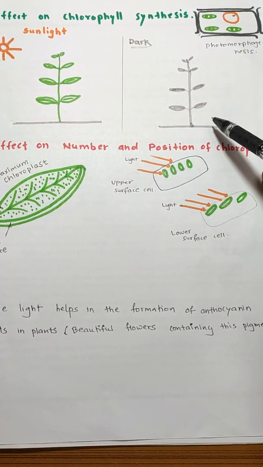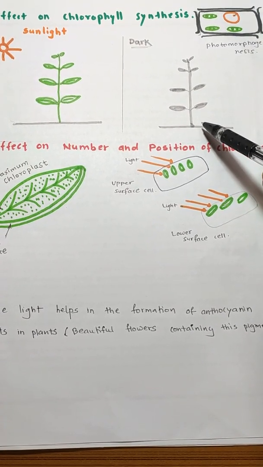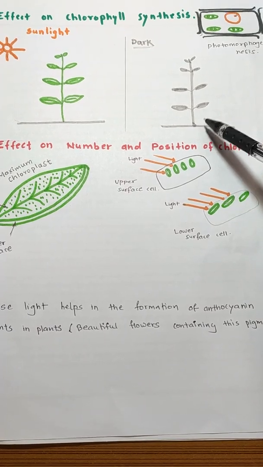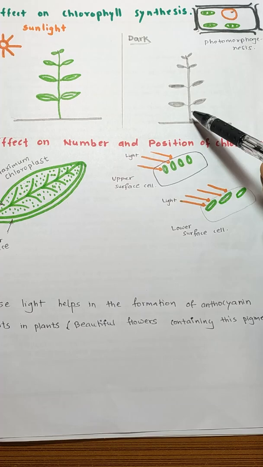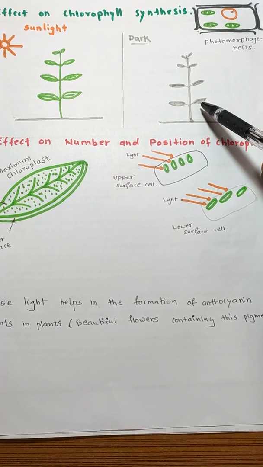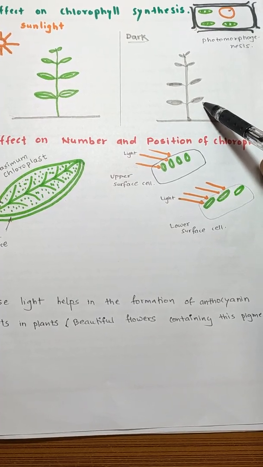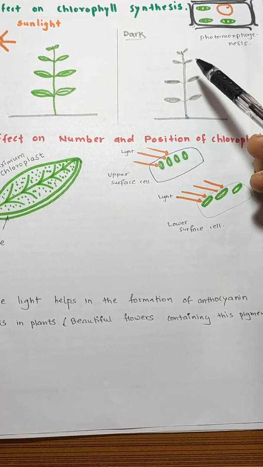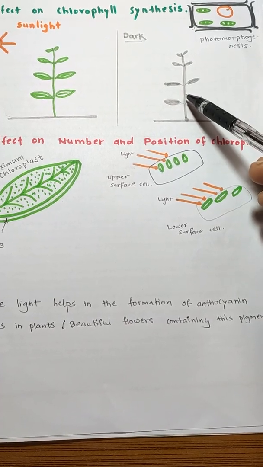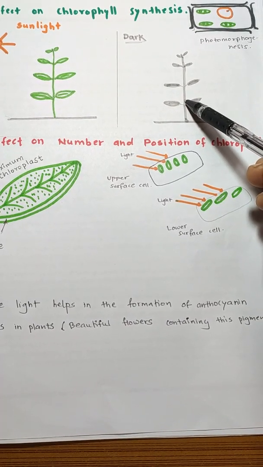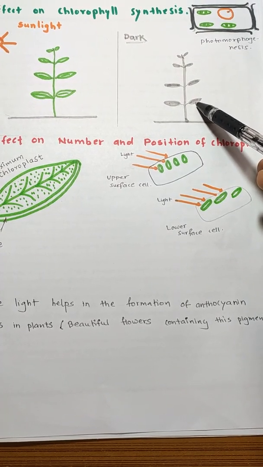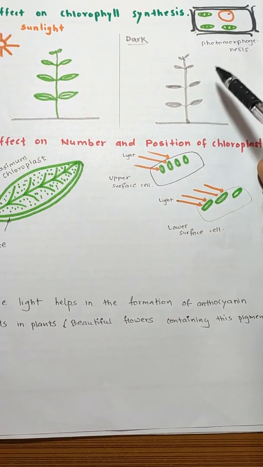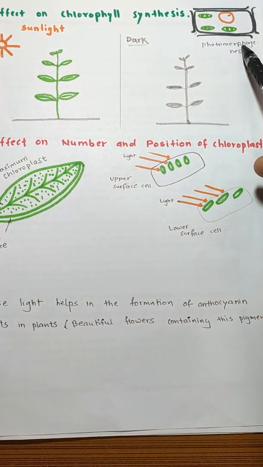The plants kept in the dark show photomorphogenesis: growth is increased, but the stem is delicate, and there is an absence of chlorophyll pigments in leaf and stem. So growth is faster, but the stem is very delicate. This is called photomorphogenesis.